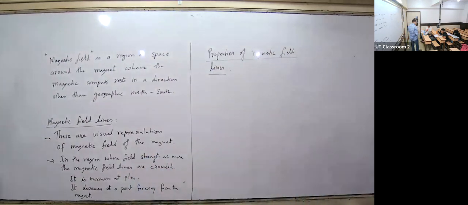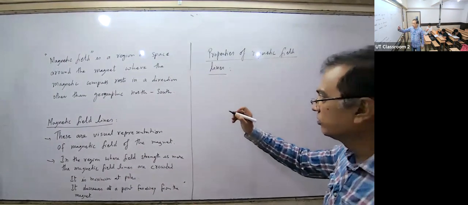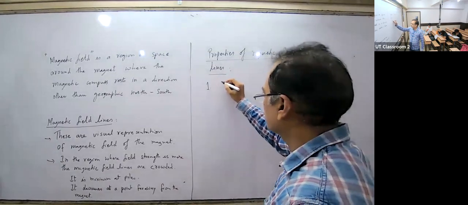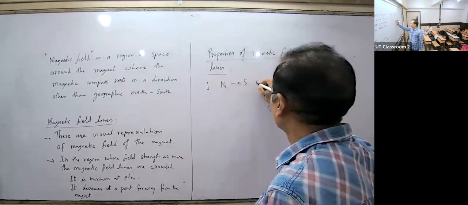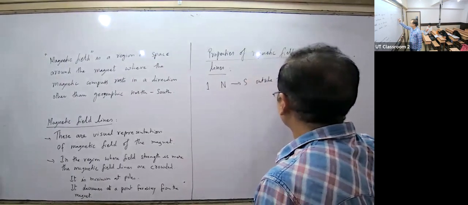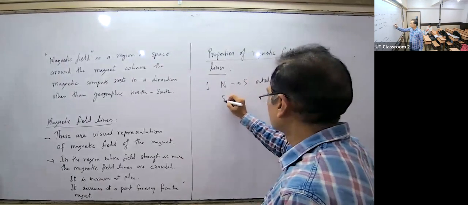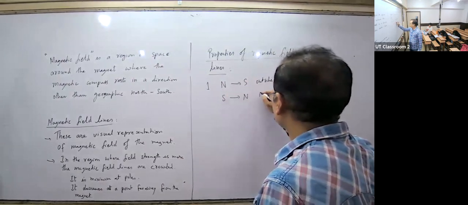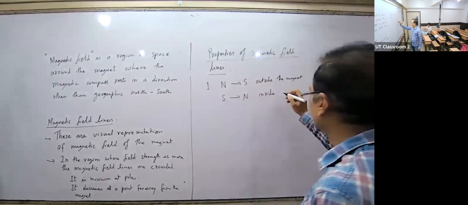Quickly. Goes from north pole to south pole outside the magnet, and south to north inside the magnet. This is one. No need to write, you have already written.